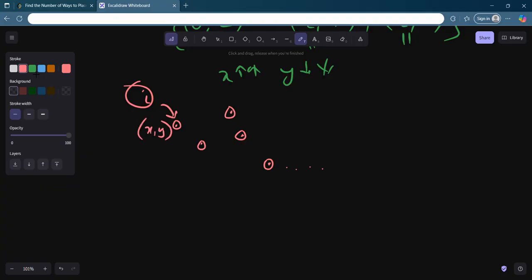Now try to see which other points will form a rectangle with x comma y without enclosing any other points. For that you keep another loop, a j loop, iterating through a point x1 comma y1.